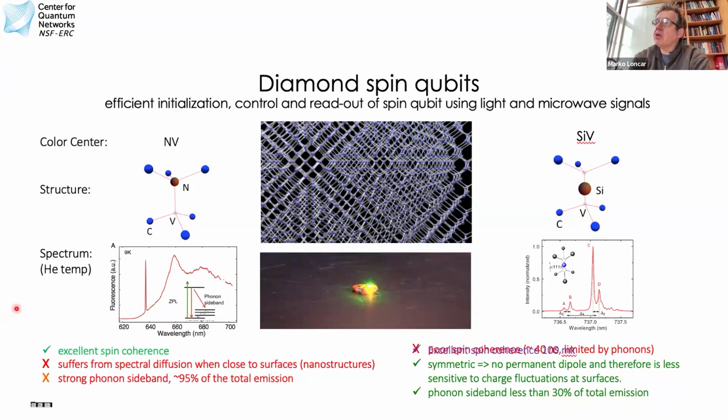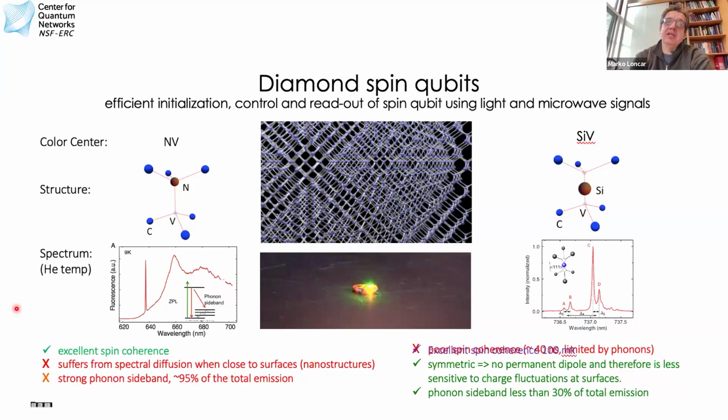Unfortunately, because of diamond's very high refractive index of 2.4, most of the light that these color centers emit never leaves the diamond. Only about 5% leaves. And that's why you need to make photonic devices like waveguides or resonators around these emitters. And unfortunately, the problem with NV is that when you do that, NV becomes unstable.